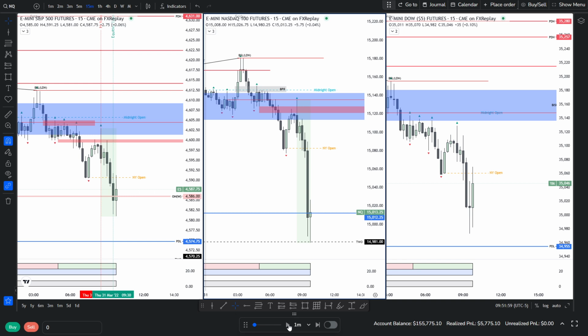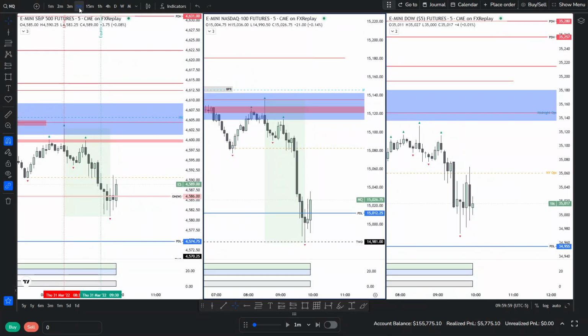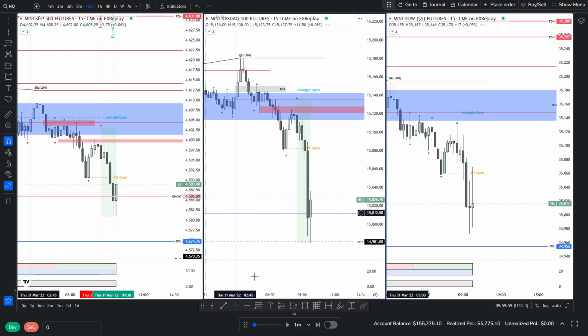It's interesting. Didn't close above, but again, we're looking at this candle here and we're thinking there is no order block on NQ, so I'm looking at that and thinking we should be seeing lower prices. Yeah, no, there's nothing there yet.